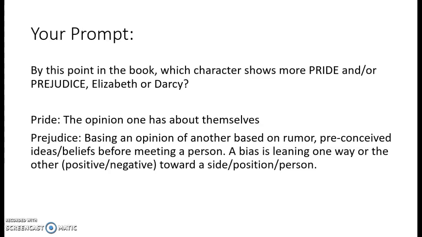And in class, we defined pride as the opinion one has about themselves. And prejudice is basing an opinion of another based on rumor, preconceived ideas, or beliefs before meeting a person. And keep in mind, a bias is leaning one way or the other, so whether that's positive or negatively, towards a side, a position, or person.